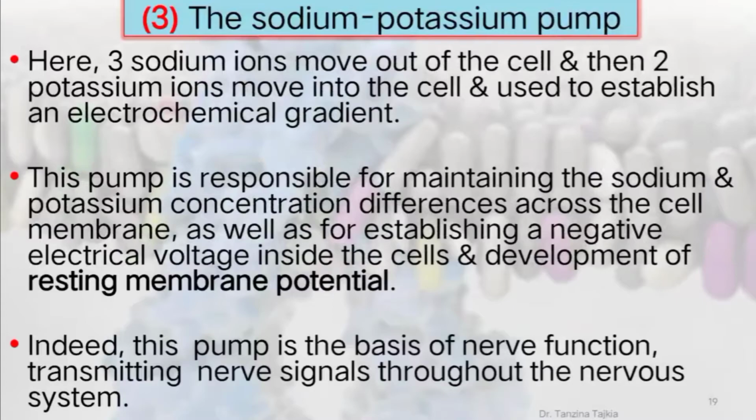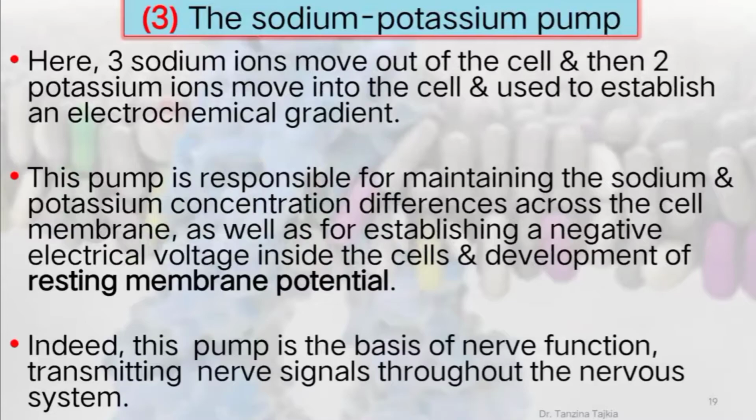Here, 3 sodium ions move out of the cell and 2 potassium ions move into the cell, used to establish an electrochemical gradient. This pump is responsible for maintaining the sodium and potassium concentration difference across the cell membrane as well as establishing a negative electrical voltage inside the cells and development of the resting membrane potential.